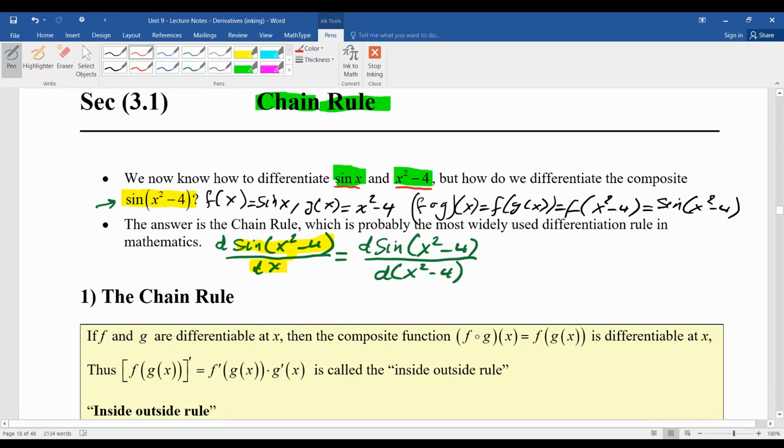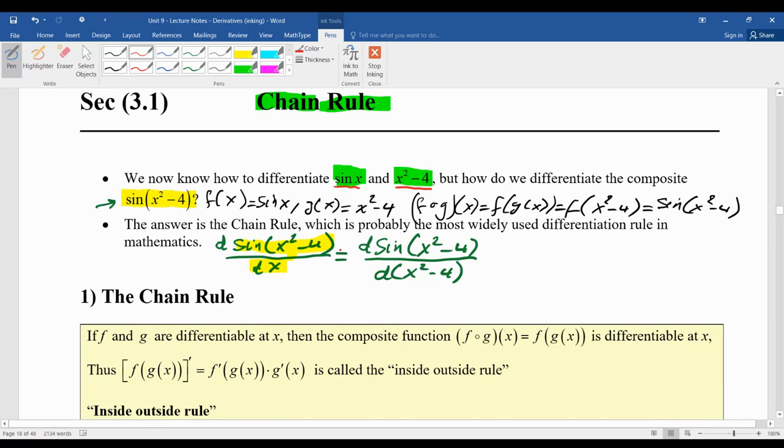When x changes, the x squared minus 4 changes, and then the sine of that x squared minus 4 will also change. So we have a change that takes place with respect to x, and another change that takes place with respect to x squared minus 4.